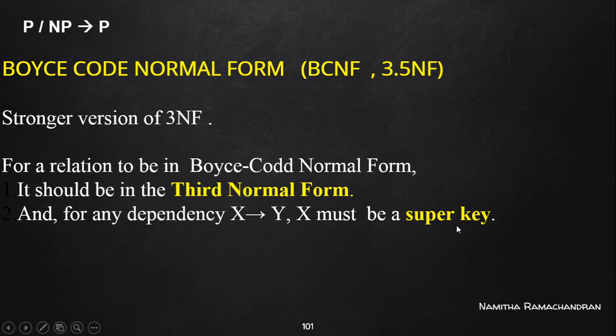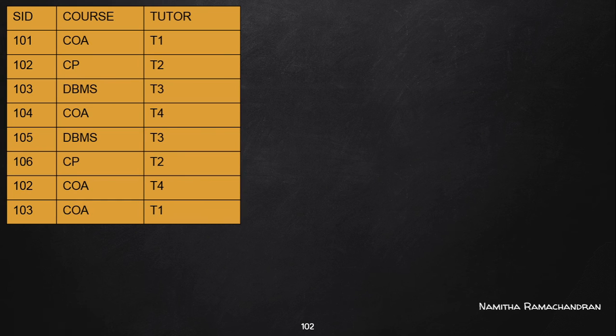Consider some examples. Here we have a student relation with attributes student ID, course and tutor ID.